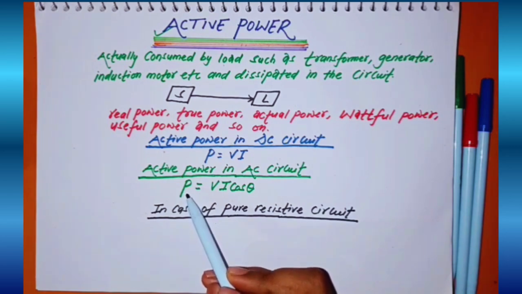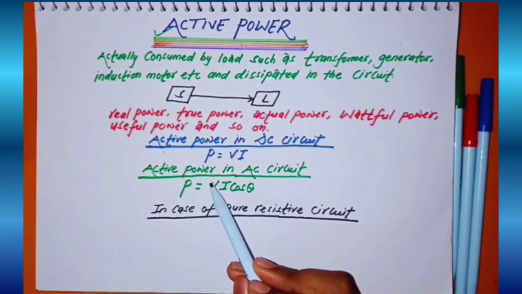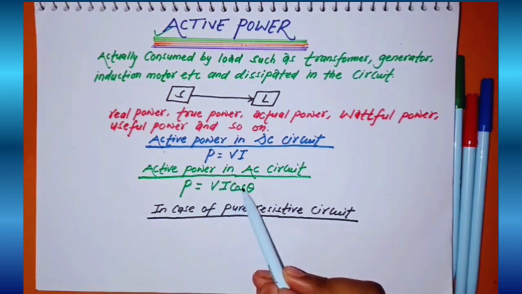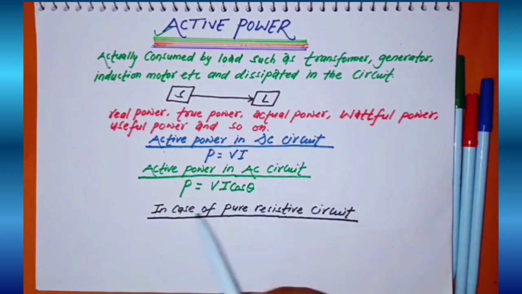Active power in AC circuit is given as P equals to V I cos theta. But in case of pure resistive circuit, active power in AC circuit is same as like that of DC circuit. That is P equals to VI.